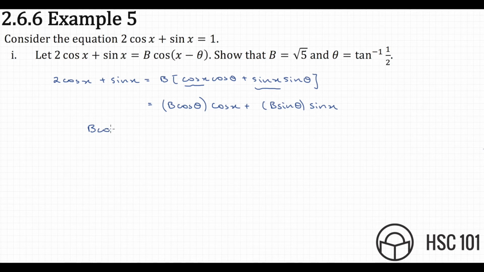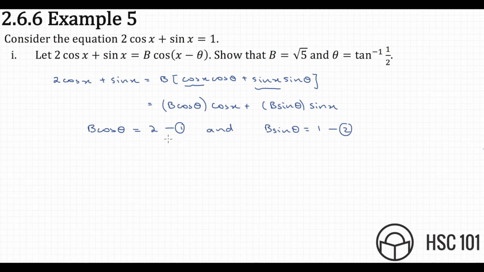So b cosine theta, where b and theta are both constants, has to be equal to 2, and b sine theta lots of sine x is equal to just plus sine x. So b sine theta itself has to be equal to 1. Using these two conditions, we want to show that b equals root 5 and theta is equal to inverse tan of half. We'll call this equation 1 and this equation 2.